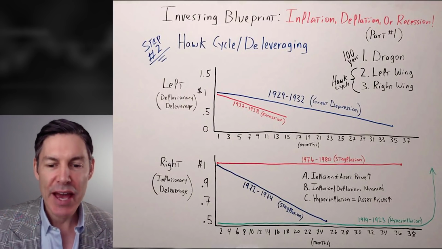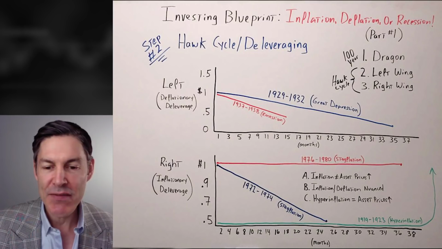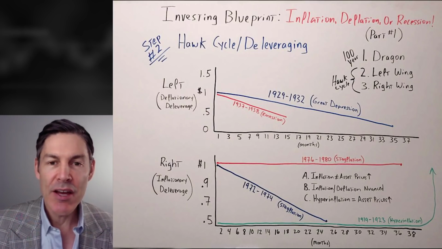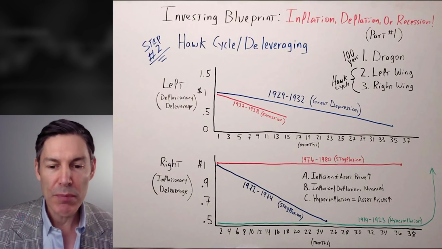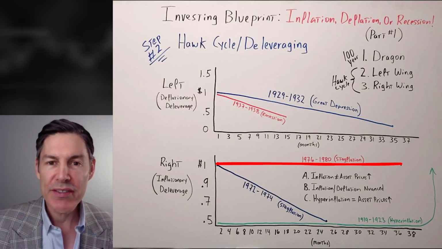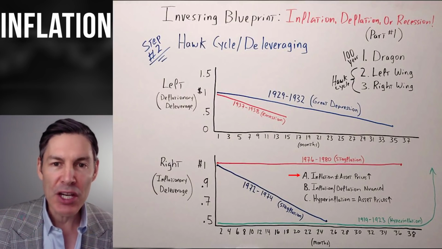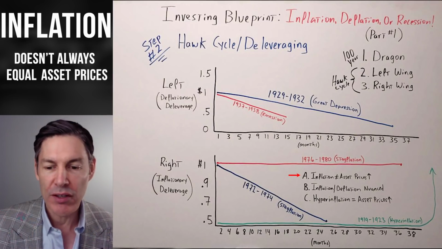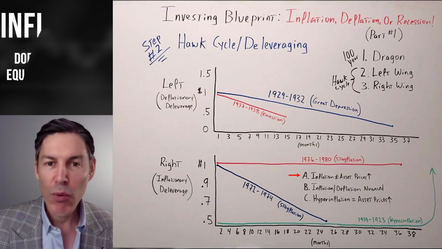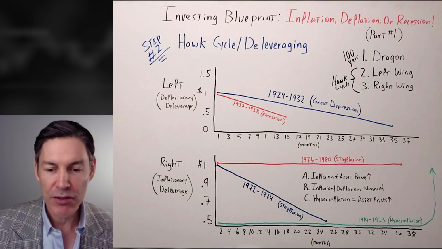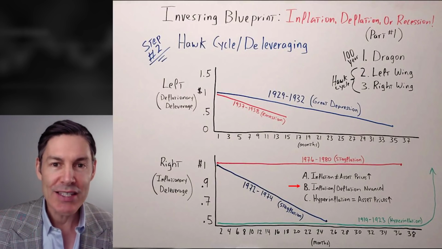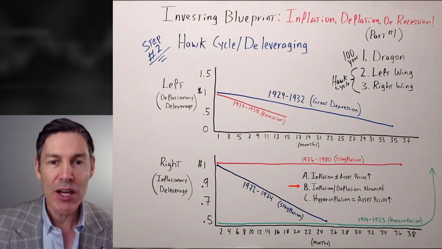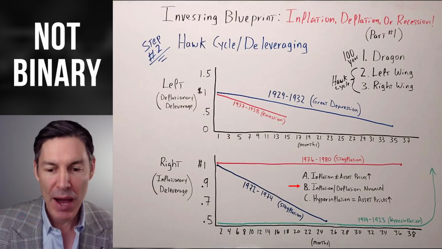And even in the stagflation between 1976 and 1980, the stock market was pretty much flat. So what this tells us is that inflation doesn't always equal asset prices going up. Takes me back to what I've been saying the last month or so, that inflation and deflation is extremely nuanced. It's not binary.